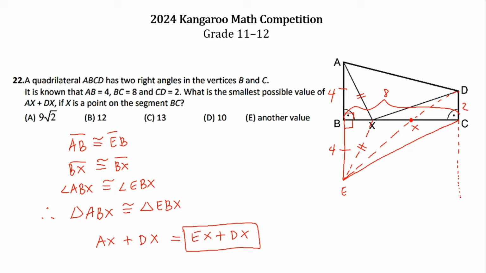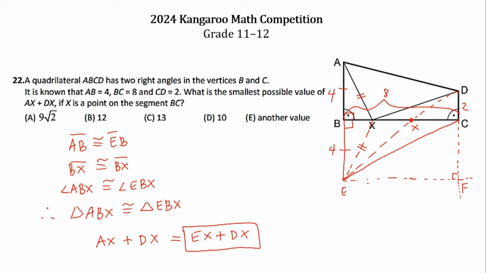Okay. And then also extend E to the right, so that the segments we are drawing are perpendicular to one another. Okay? So we are now forming a right triangle. So what is that right triangle? If we say this is point F, then EDF is a right triangle.